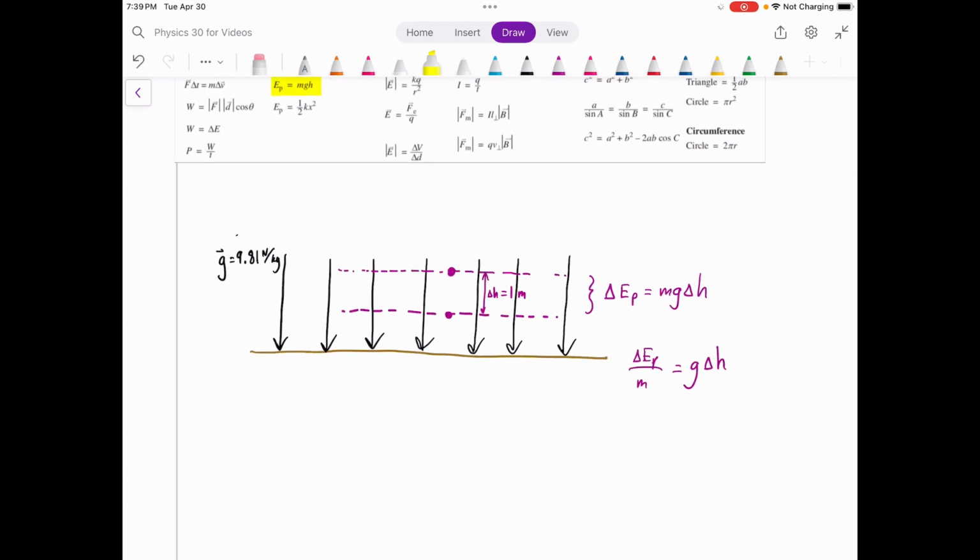Now notice here something important that you did talk about in Physics 20. It is about a difference, and differences inherently are a comparison. They require another place that we're comparing to. If I were to ask you, what is the object's change in potential energy here? You would say, well, what do you mean? Compared to where? I'm talking about a change in potential energy.